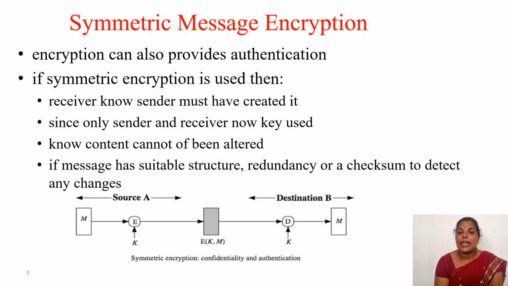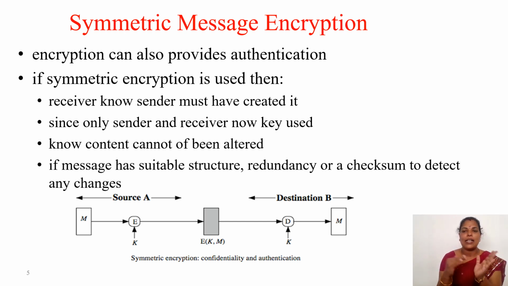In the symmetric encryption process, generally we say that encryption provides confidentiality, but in addition to confidentiality, encryption also provides authentication. The authentication part is hidden in the encryption. How does encryption provide authentication? If you are using symmetric encryption, we know that we have only one key, that is the secret key alone.